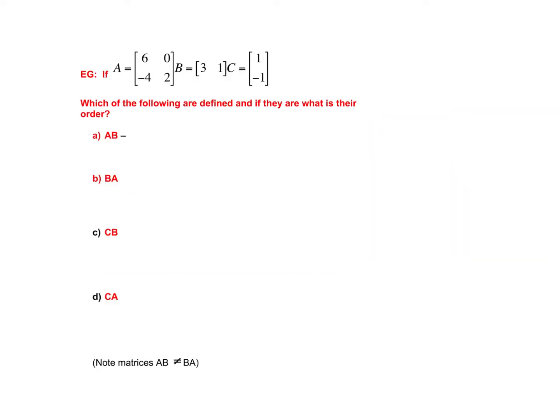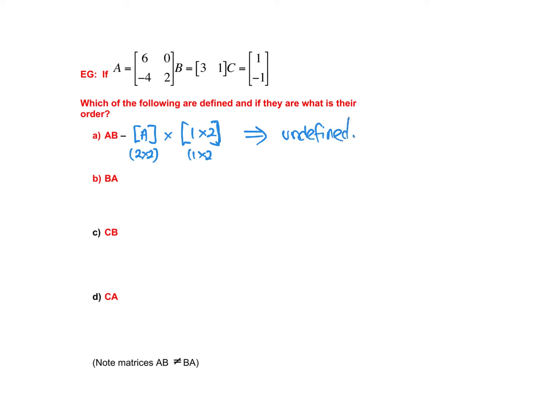Okay, so we're just practicing up here. Which of the following are defined, and if they are, what's the order of the answer they would get? If you look here, A was a 2 by 2, and we'd be multiplying with B, which is a 1 by 2. So this one we'd simply say undefined. Why is it undefined?